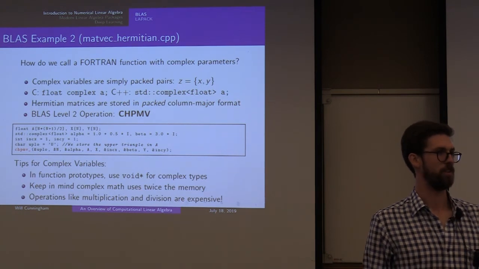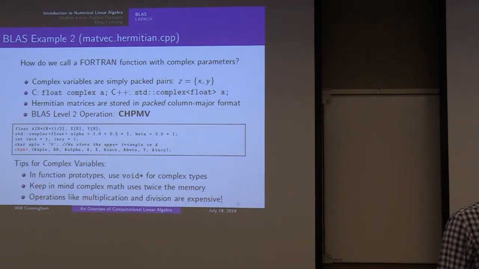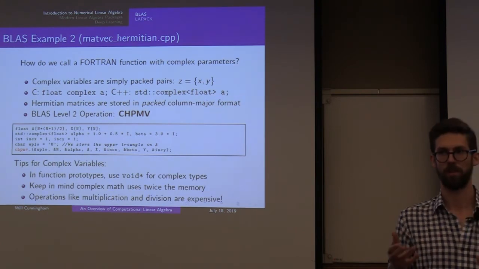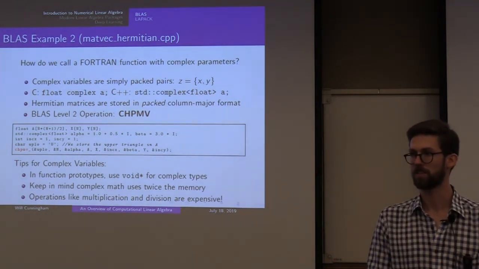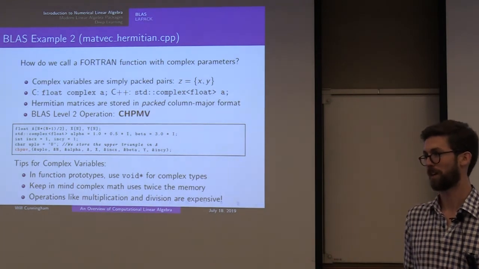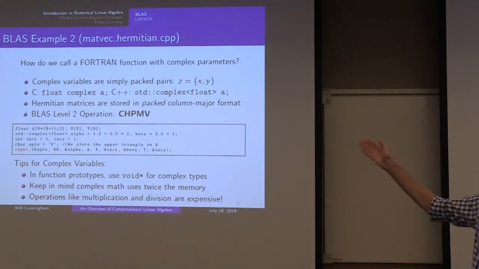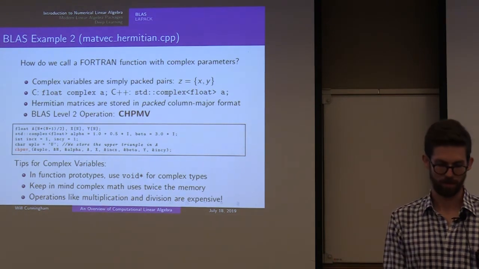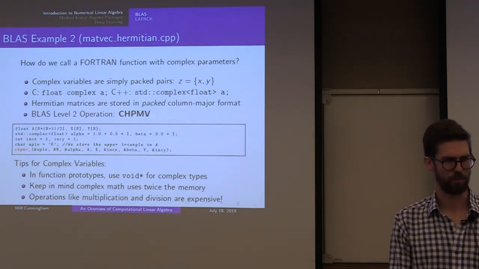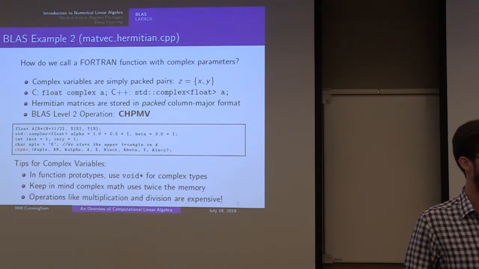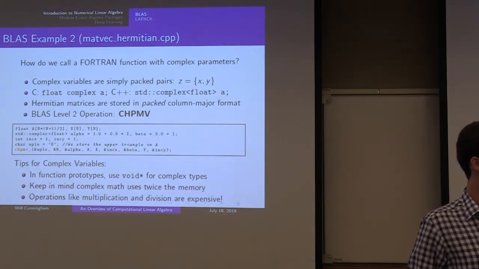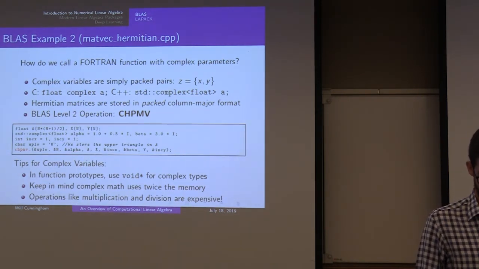Just to multiply or divide complex numbers, you're doing a lot of extra operations on the actual real and imaginary parts behind the scenes. So even if that's implemented directly, and you can just write A times B, and they're both complex, there's actually a lot of other stuff happening behind the scenes. So that's sort of why I wanted to emphasize the instructions earlier and how they're not all created equally.